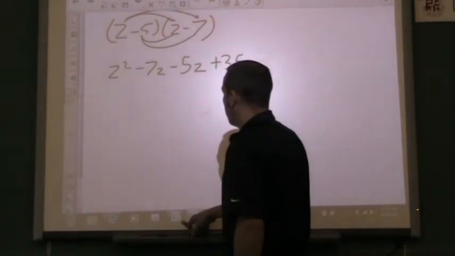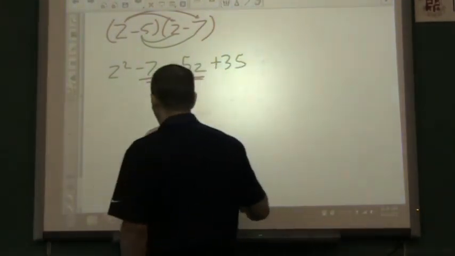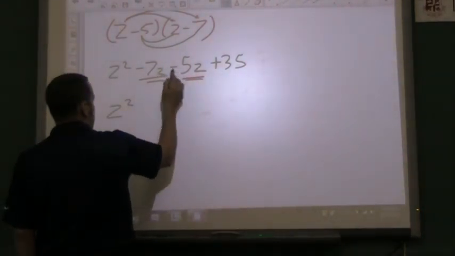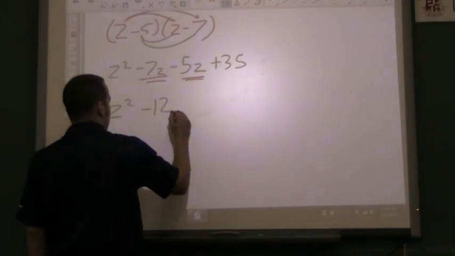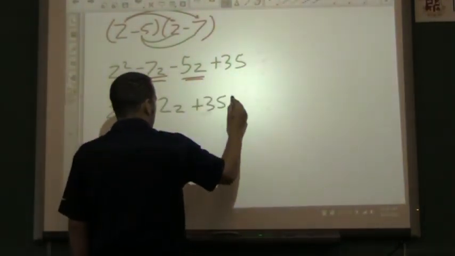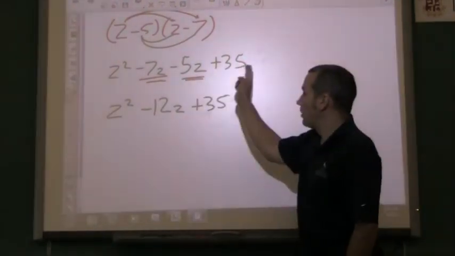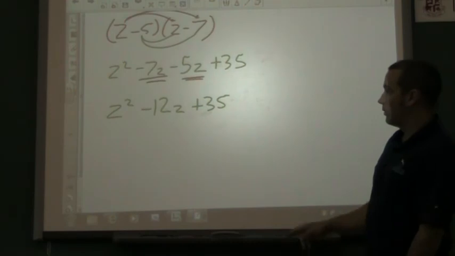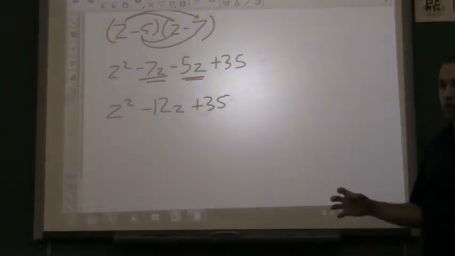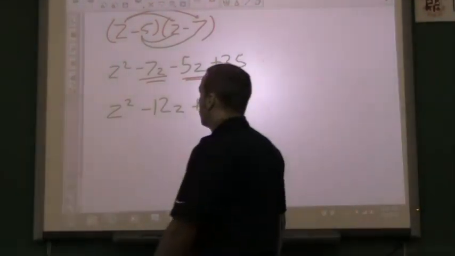I combine my like terms, which are right here, and then I get that my answer is z squared, a negative 7z and a negative 5z gives me negative 12z, and then plus 35 on the end. So when I take my answer to the previous question and actually multiply it out, what I get is the original trinomial that they asked me to factor. So I know that I'm right in this case.